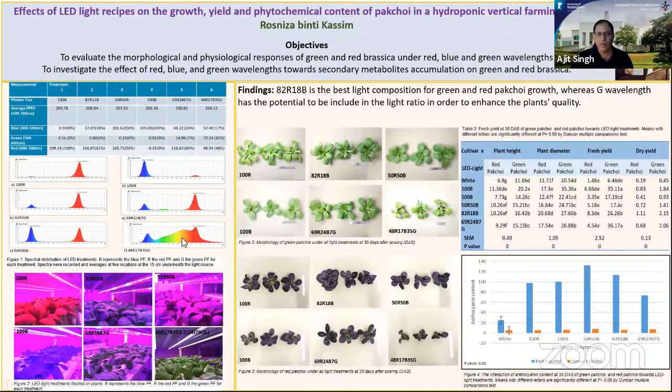So we tested all the lights, and you can see that the performance here is better for 82% red, 18% blue. You can see better plants, healthier plants, with the 82% and 18% combination. You can see this is white light, 48 red, blue, and green. So we tried that, and you can see the effect quite significantly.